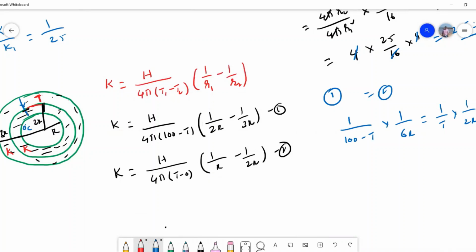So clearly the R cancels and the 2s and 3s get cancelled. Now cross multiply: T is equal to 300 minus 3T. 4T is equal to 300. So T should be equal to 75 degrees centigrade. Let's check the options.